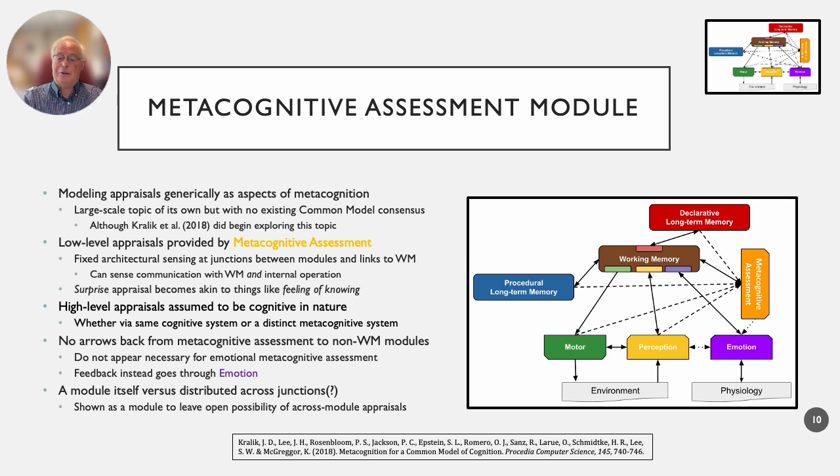It was left as a module here in this version to allow the possibility that higher level appraisals based on combinations of lower level ones might occur architecturally without having to go through working memory. So for example, the Sigma cognitive architecture derives an attention appraisal based on a combination of a bottom-up appraisal for surprisal with a top-down appraisal for desirability.